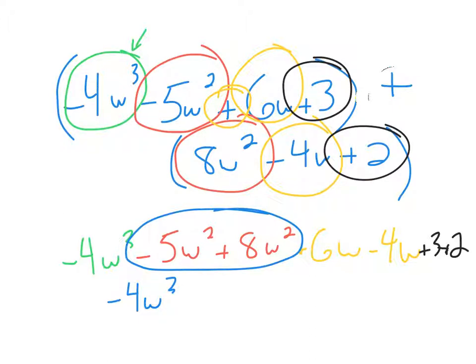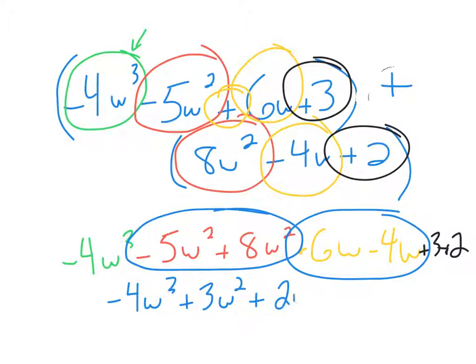So I'm going to put plus 3w to the second power there. So those two just get combined when we're adding those. And then I'm going to put these together. I have positive 6 minus 4. We know 6 minus 4 is 2. So the next part of this problem would be plus 2w.